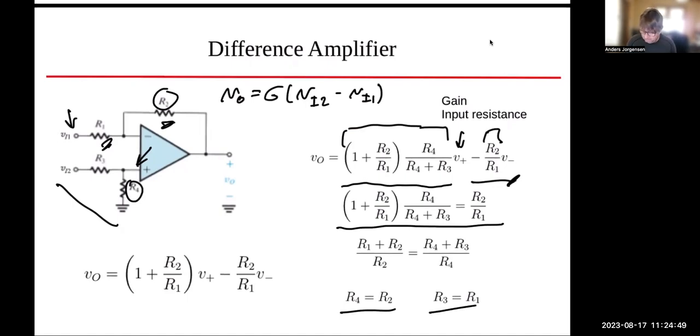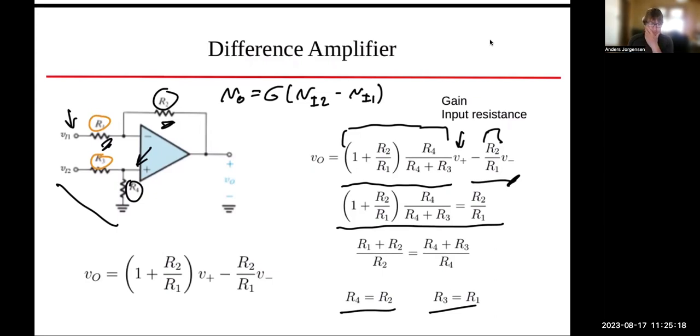And it means that R3 must be equal to R1, like that. Now, it's actually the ratios that need to be equal. But usually, when you build a difference amplifier, you make them equal: you make R2 equal to R4, and R1 equal to R3.